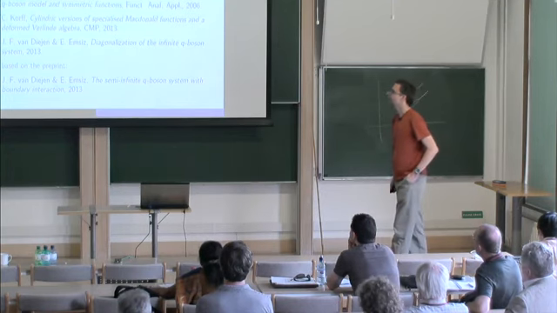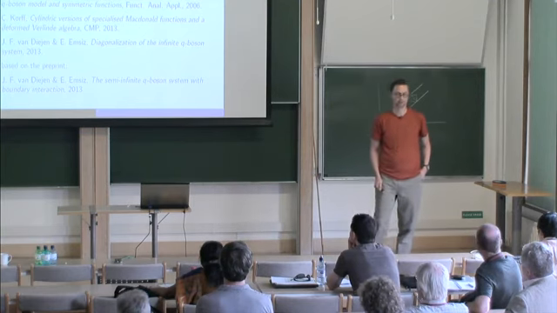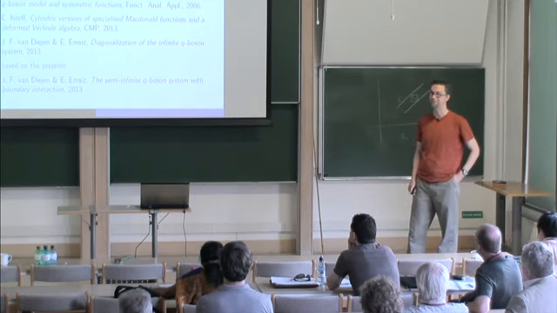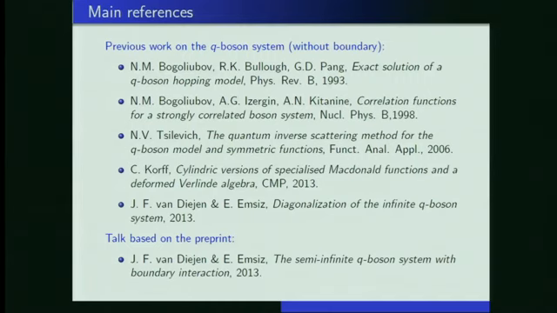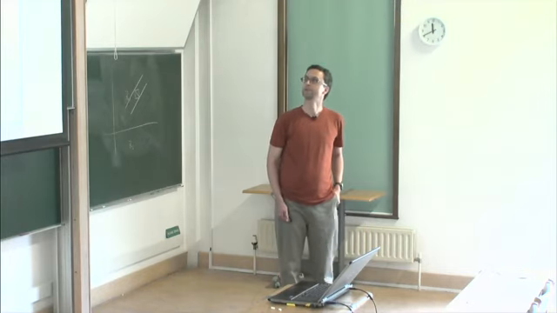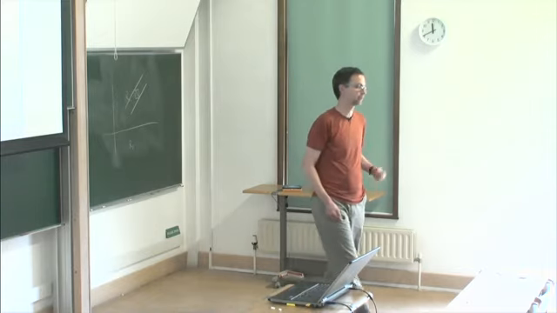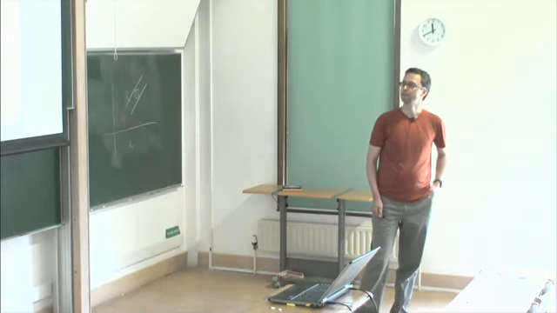And one particular thing that was interesting for me, that was proven in that paper, is that, it's a long paper, there are many things proven, but one thing that's interesting for me and also for this talk is that it was shown that the n-particle sector of the q-boson model is equivalent to a discretization of the delta potential model that I had introduced a few years before, and which was the topic of the talk of Erdal Emsiz also.